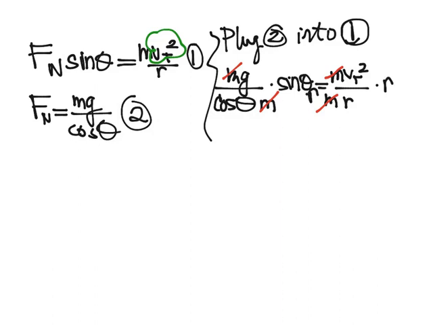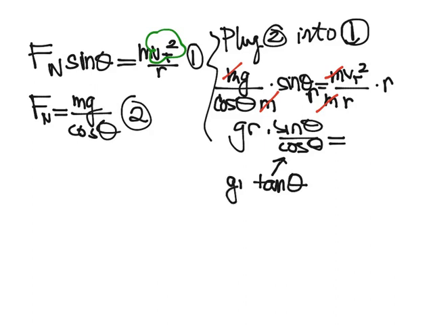I'm going to rewrite this as gr times sine theta divided by cosine theta. And you should be saying, aha, sine theta divided by cosine theta is really tan theta.